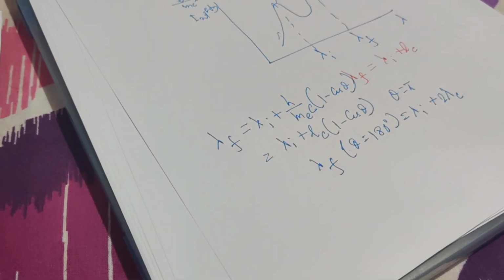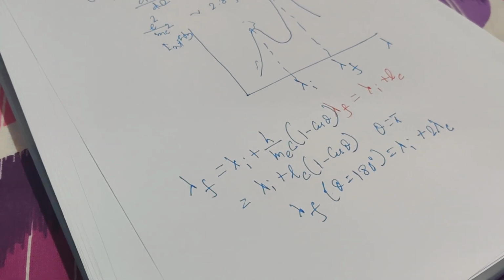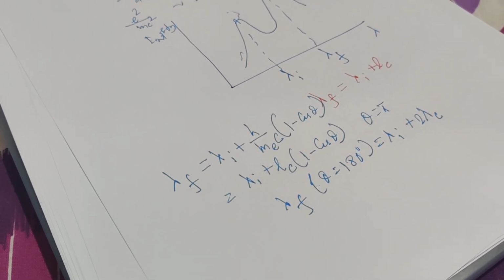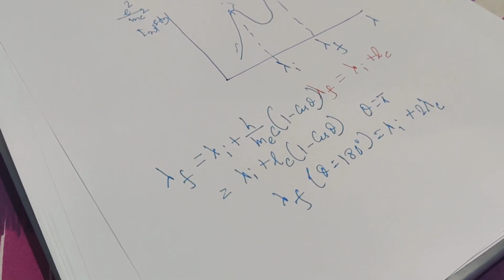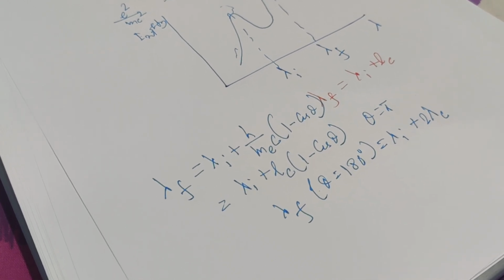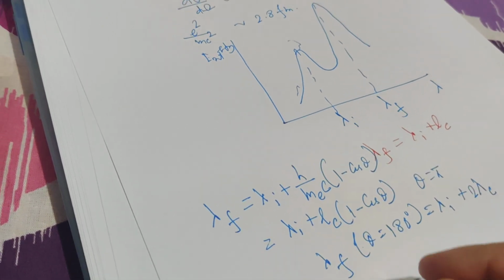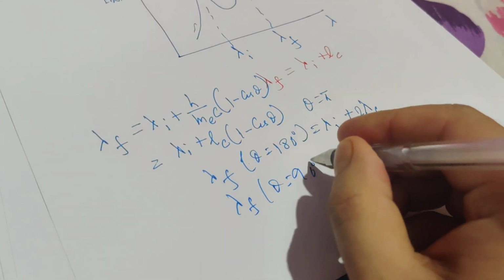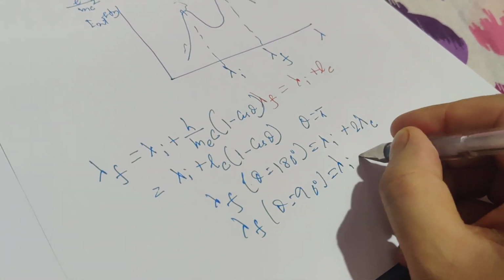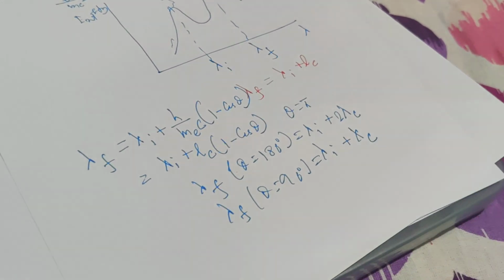The maximum possible change in wavelength is 2 lambda C, and for theta equals pi by 2, that is 90 degrees, the change of wavelength is exactly lambda C, that is lambda f for theta equals 90 degrees is lambda I plus exactly lambda C.